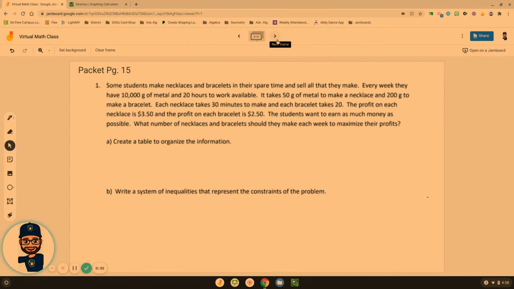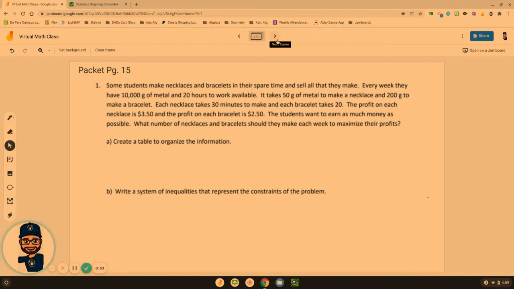This is problem number 1, talking about necklaces and bracelets. It reads, some students make necklaces and bracelets in their spare time and sell all that they make. Every week they have 10,000 grams of metal and 20 hours of work available. So 10,000 grams of metal available, 20 hours of work available.